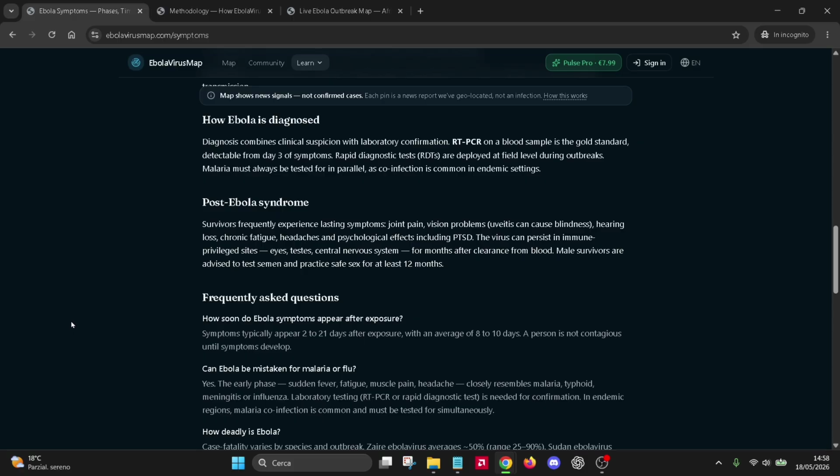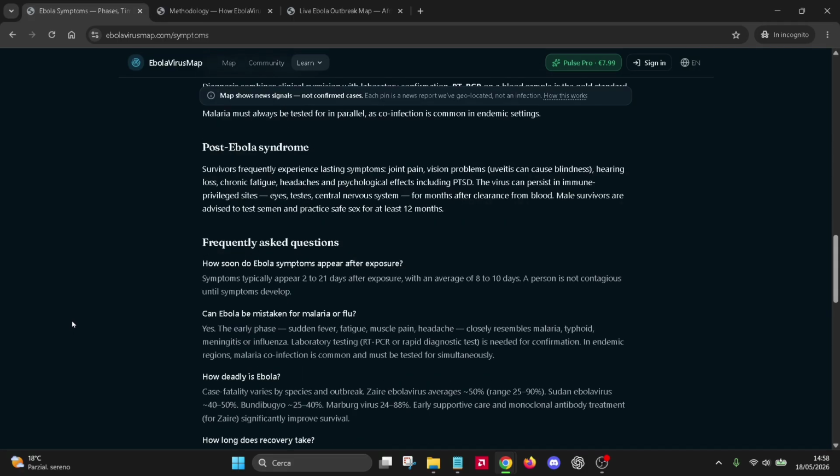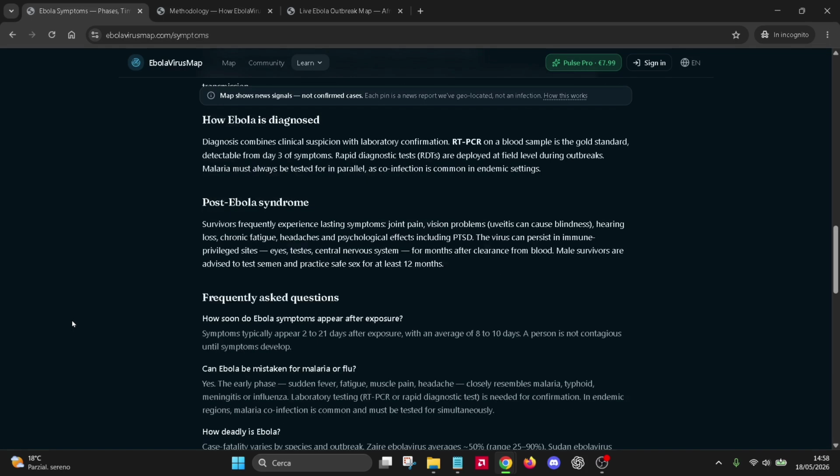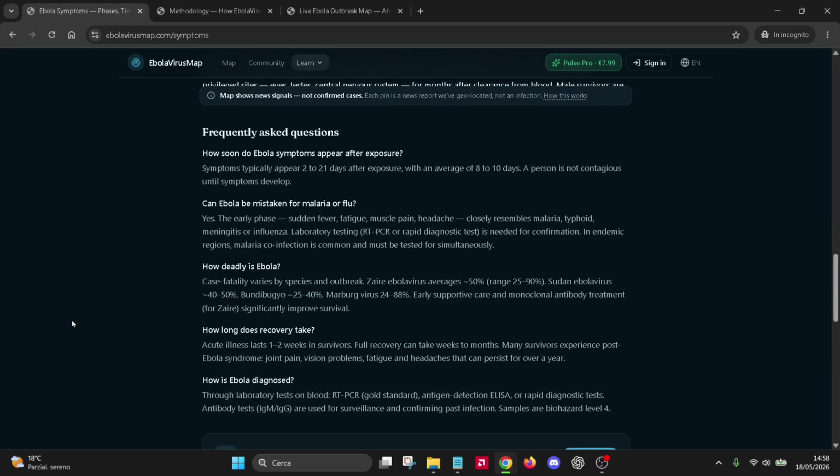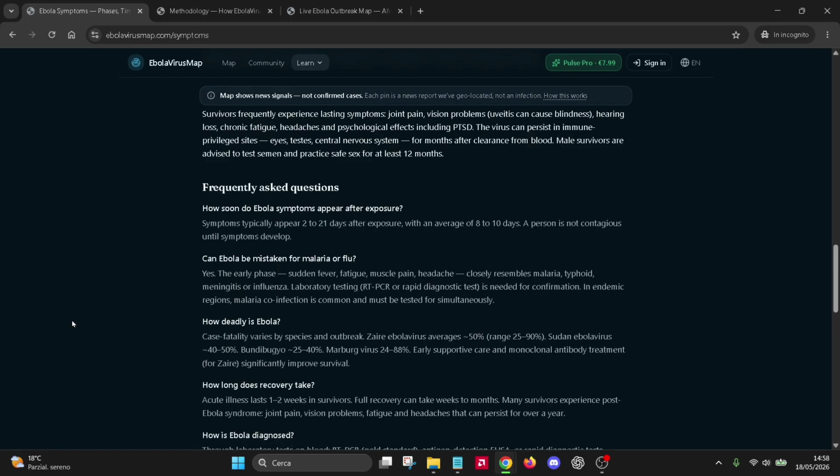One of the most significant outbreaks in modern history began in West Africa in 2014. That epidemic affected primarily Guinea, Liberia, and Sierra Leone and resulted in more than 28,000 reported cases and over 11,000 deaths.